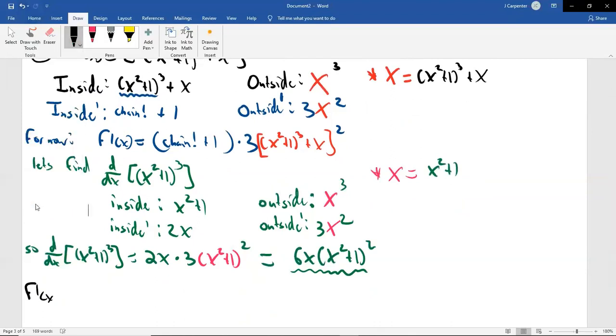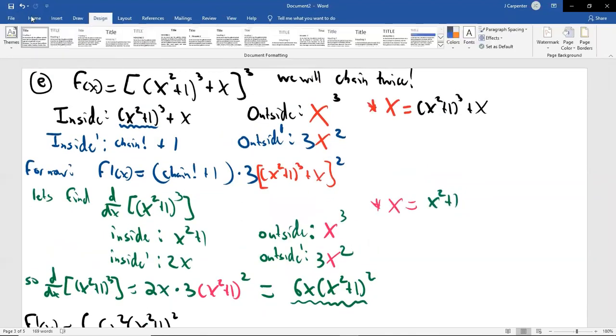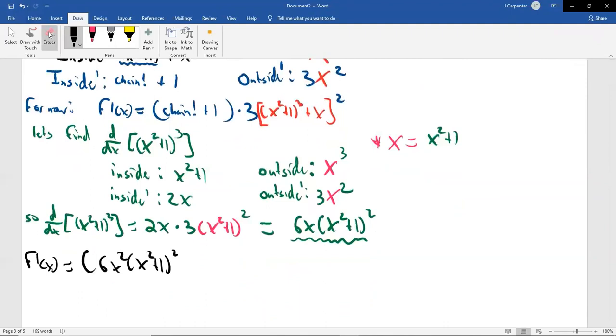f prime of x equals, we got the parentheses, the thing we got from chaining, which is this, the 6x, I'm sorry, that's not 6x squared. It's 6x times the x squared plus 1 squared.